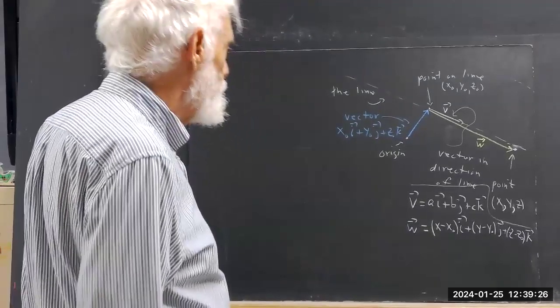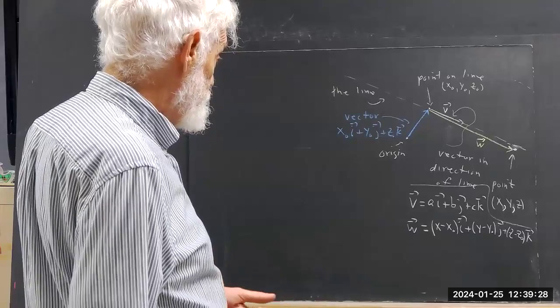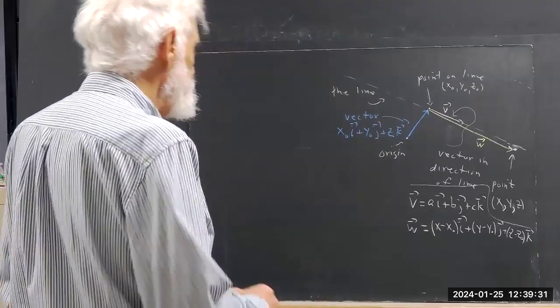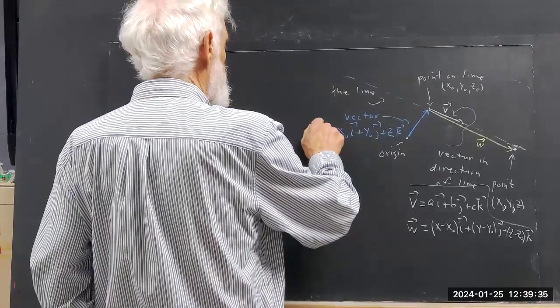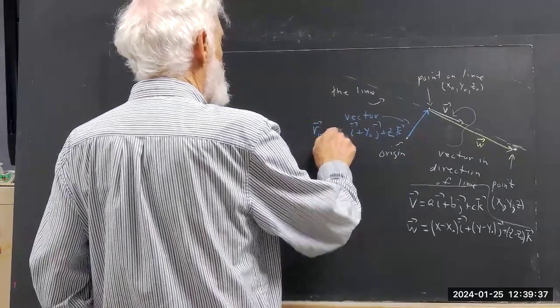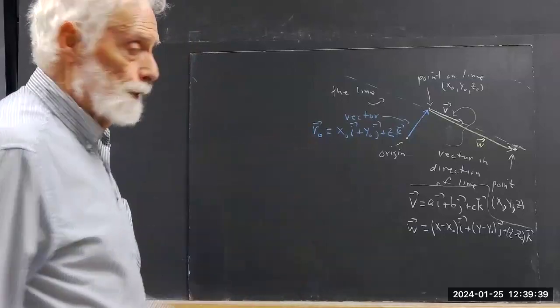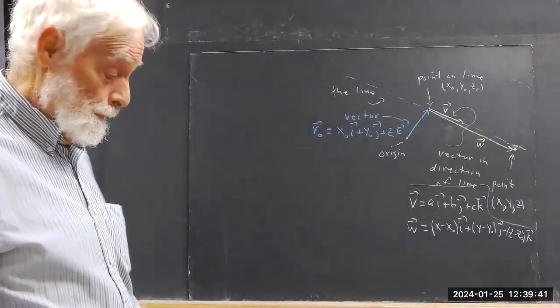Now, we can prove that. I'm gonna call this vector R naught, R sub zero. Okay.